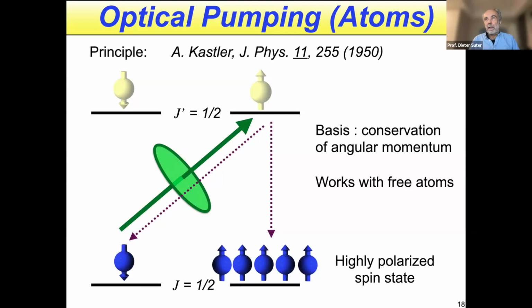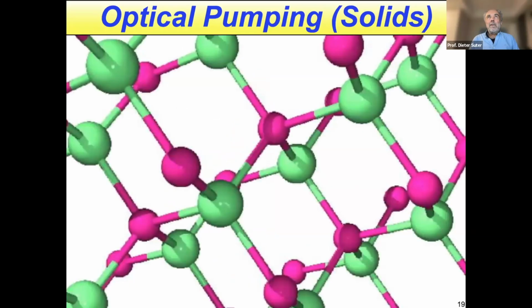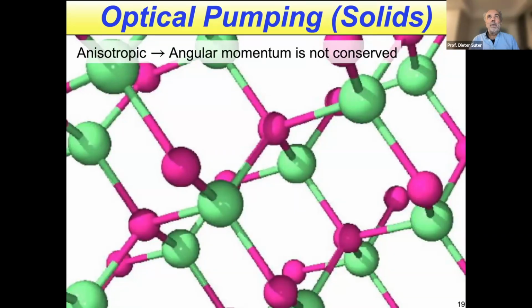If we switch now to a solid state system, here in this case it's gallium arsenide, obviously the environment is no longer isotropic. So angular momentum is no longer a conserved quantity.